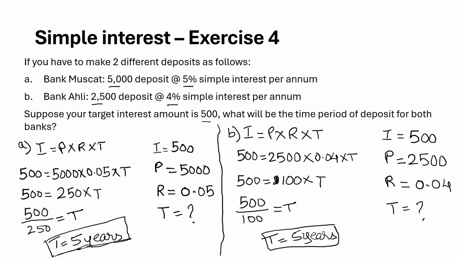Let me just correct, I forgot this side. For A, when you do 500 divided by 250, it is not 5 years, this is 2 years. So 500 divided by 250 is 2 years and 500 divided by 100 is 5 years. So this is how we calculate simple interest. Okay.